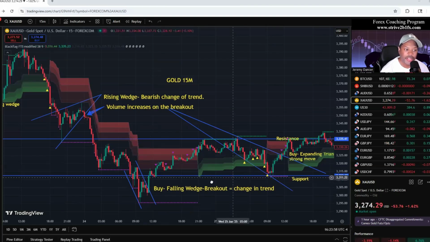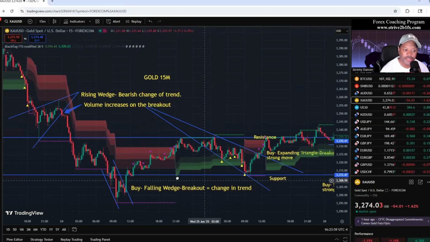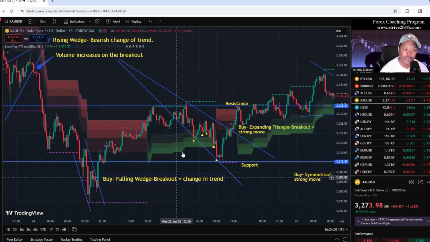And this goes back into the example of what I mentioned before, how triangle patterns are continuations of the trend. So we have an expanding triangle pattern. So even though we have this huge drop, because this is a bullish expanding triangle, it's a continuation of the bullish change in trend that we saw from the falling wedge.